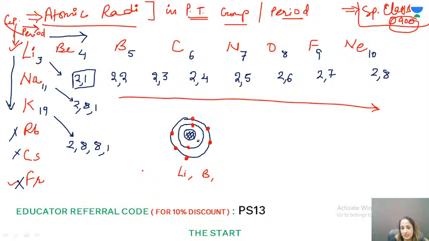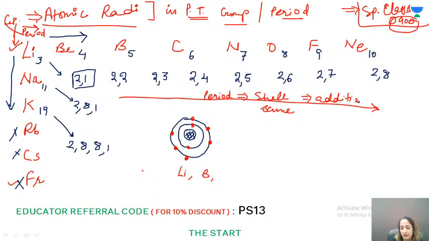So guys, you see, when we are moving in a period, our shell is staying the same. Same shell is there. And we are adding electron to the same shell.